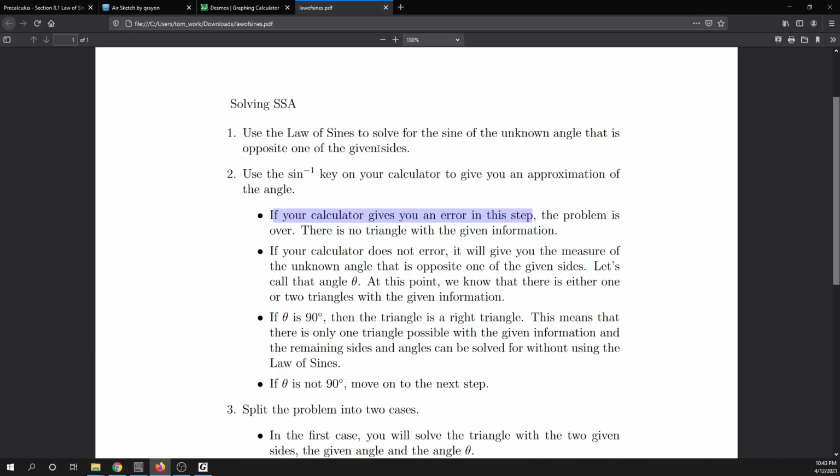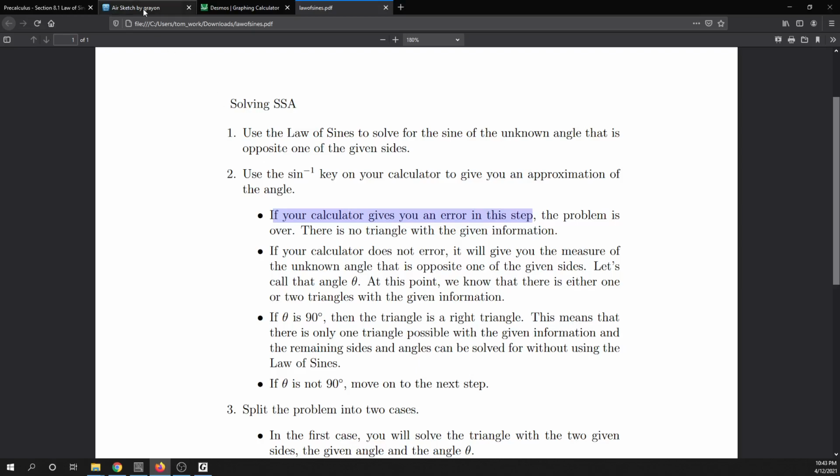We've solved for the sine of one of the unknown angles, and then used the inverse sine key to approximate the angle. We got 90 degrees, which means the triangle is a right triangle, and so you'll only get one possible triangle.